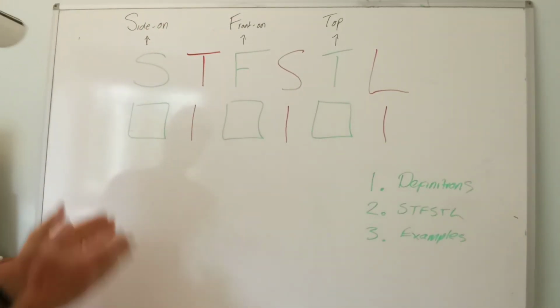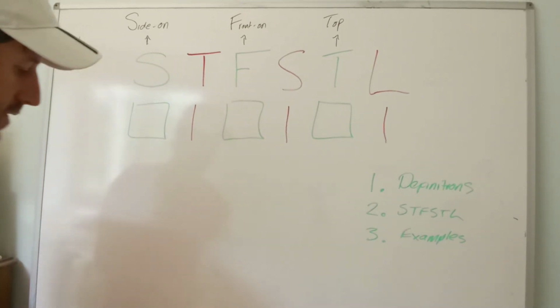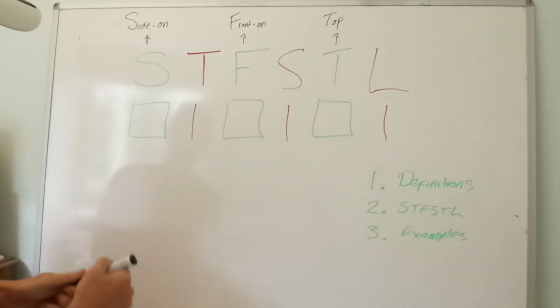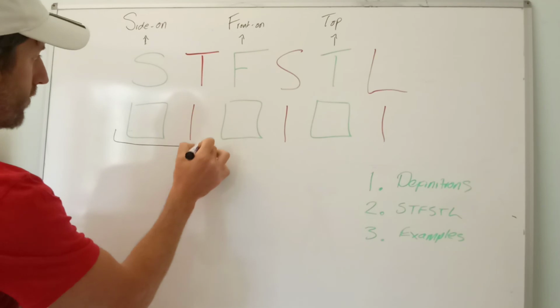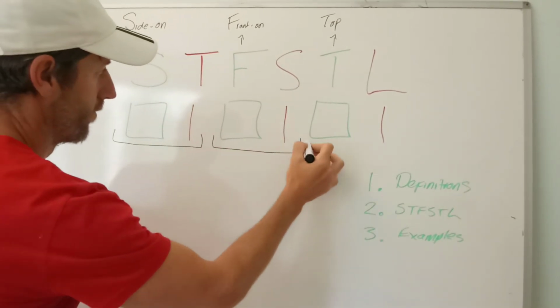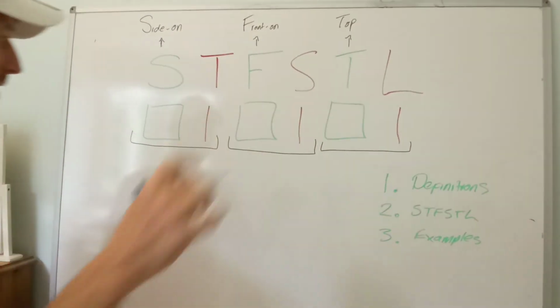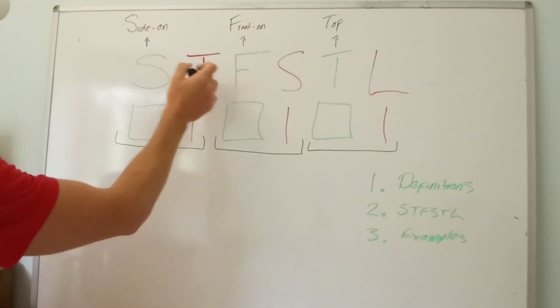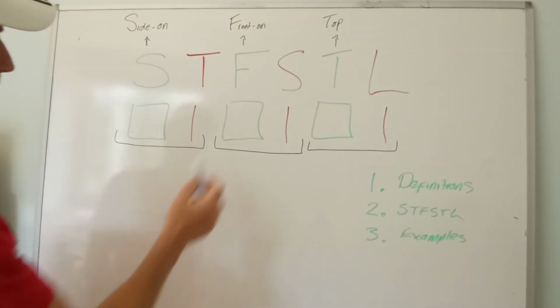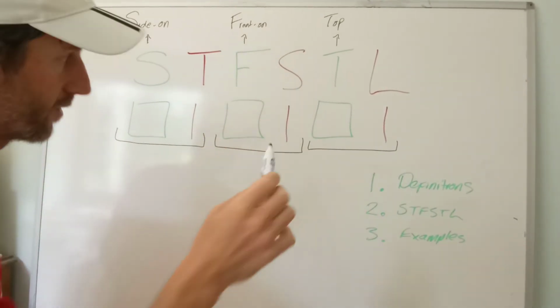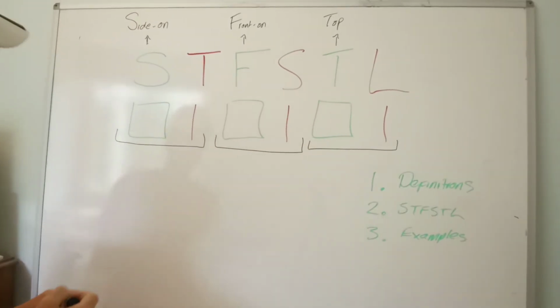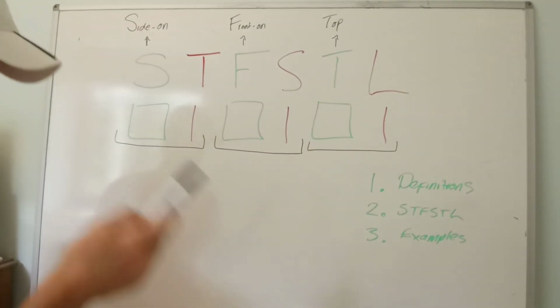The reason why I've got you to remember this is because generally these pair up. This will make sense in a bit, don't worry. So these two generally go together, these two generally go together, and these two generally go together. So I'm going to reverse a little bit now.